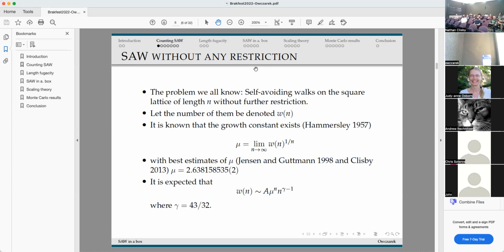But the expectation actually is that the number of self-avoiding walks of length n grows as this exponential multiplied by a power law, and we believe we know what the power law is, 43 on 32.